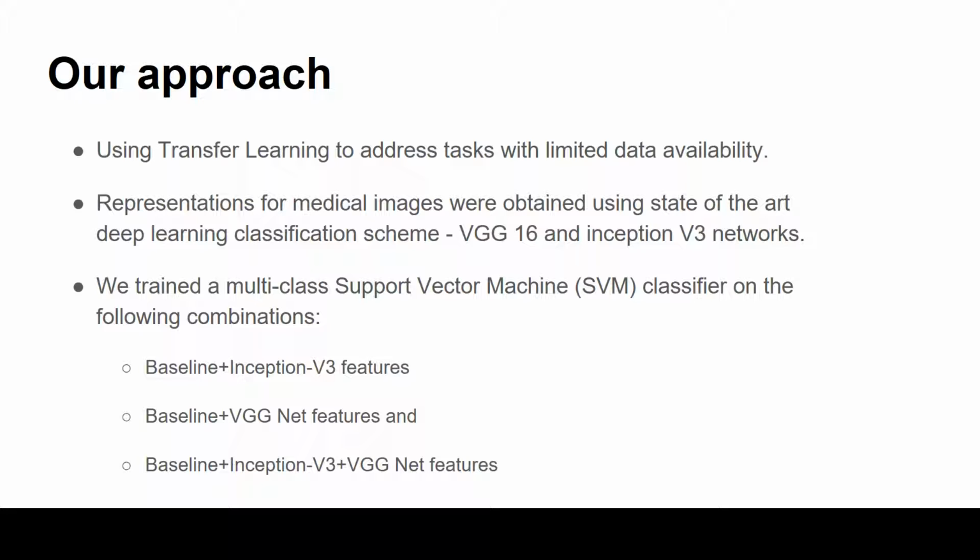And then we obtain features from these VGG16 and V3 networks and then train a supervised machine learning algorithm on the learned representations, and the supervised learning is done on the limited amount of data for the task of interest at hand. So we'll talk about how we obtain the representations for medical images.